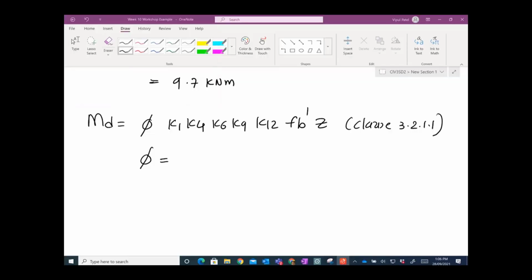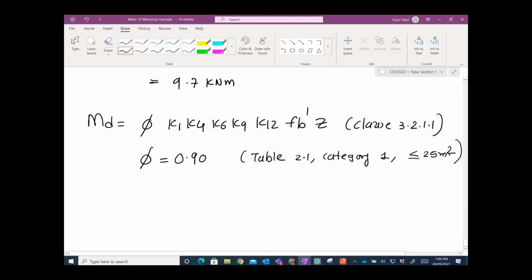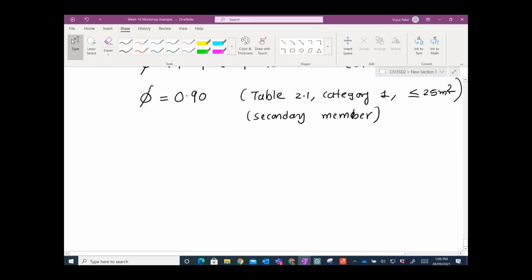I hope you understand that a 10% penalty is quite reasonable in house structures. And that is coming from table number 2.1. We have a category 1, affected area less than 25 square meters. And we also have secondary members. Primary member and secondary member, let me explain that. Let's say you have a beam and other beams are just joining that beam, right?